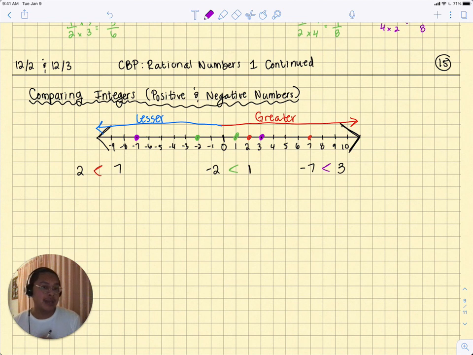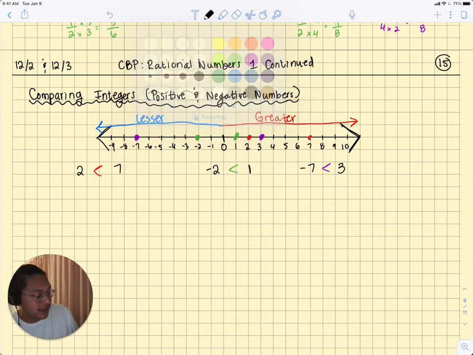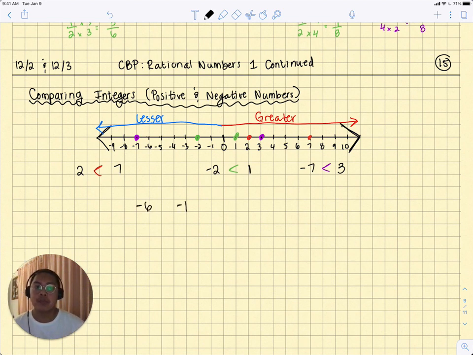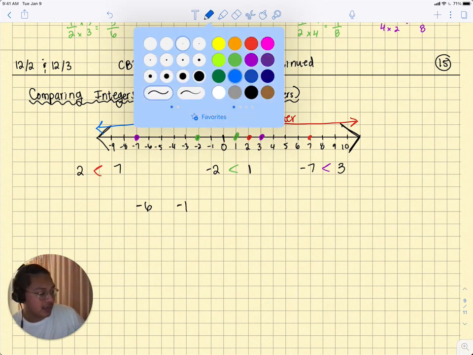Okay, let's take a look at two negative numbers. This is where things can get a little bit tricky. I'm going to compare -6 and -1. However, if you follow the tips that I have given you, you won't fall for this, okay? So go ahead and plot these on the number line. I'll use blue.